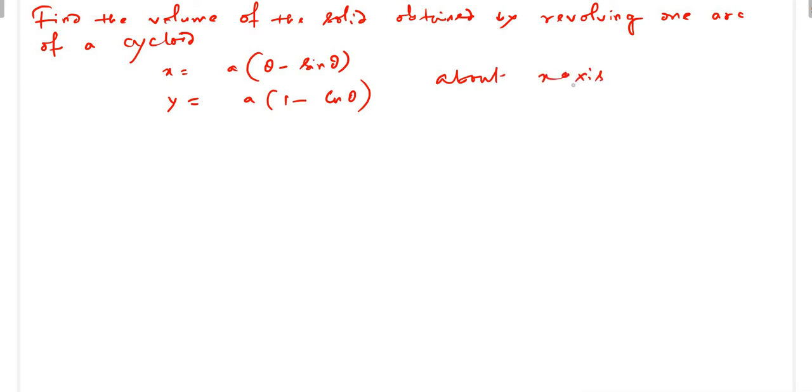No problem. So we have the formula when we rotate the curve around x-axis.